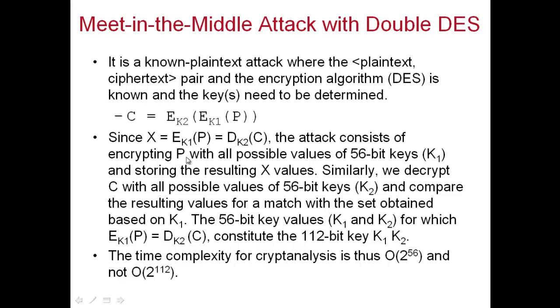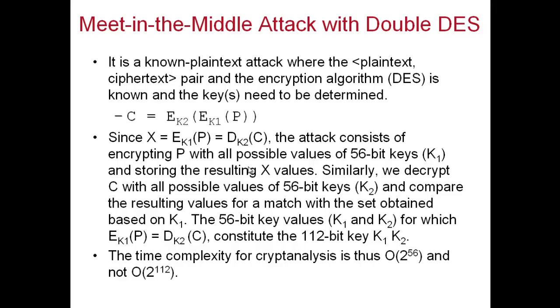Which means we have to try just 2 to the 56 combinations of key values for K1 and another 2 to the 56 for K2. And on average, as I said before, when you do an exhaustive search, you don't have to try all the possible combinations. By the time you have searched half of them, you would on average be successful.